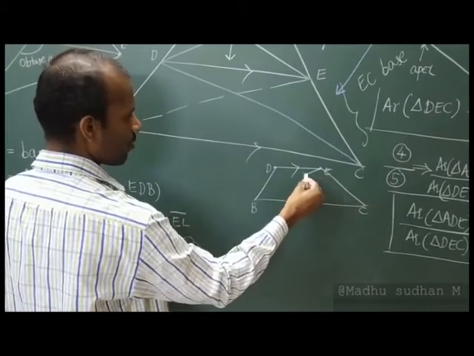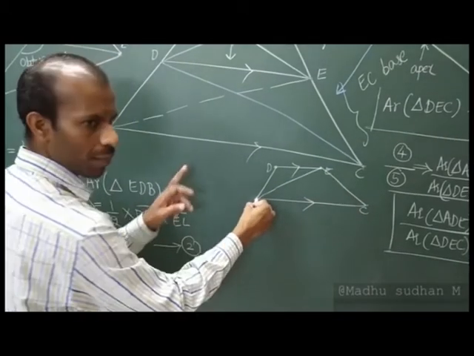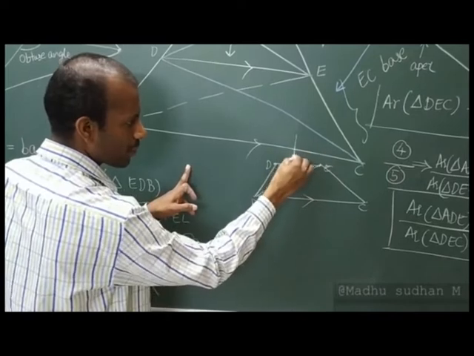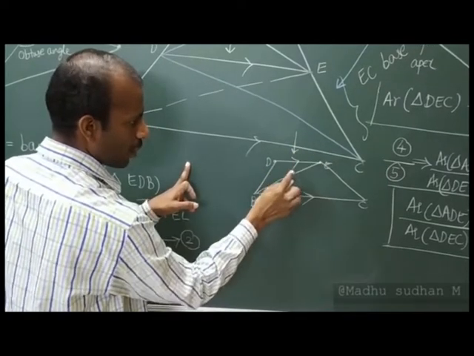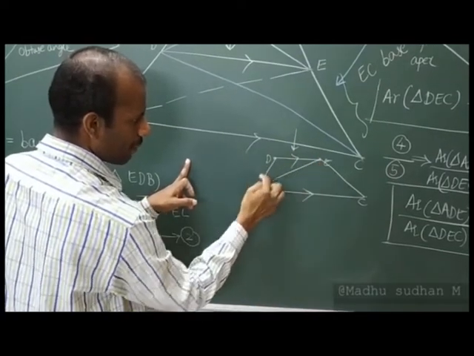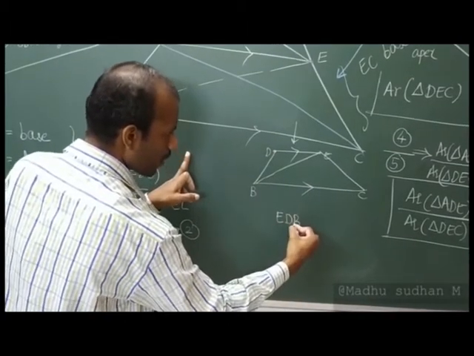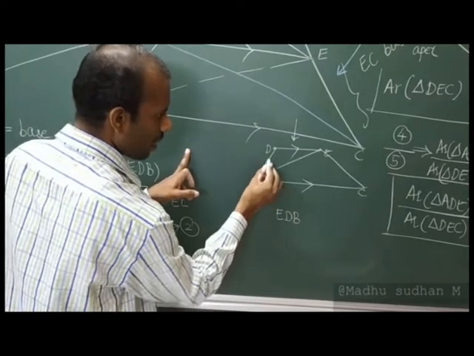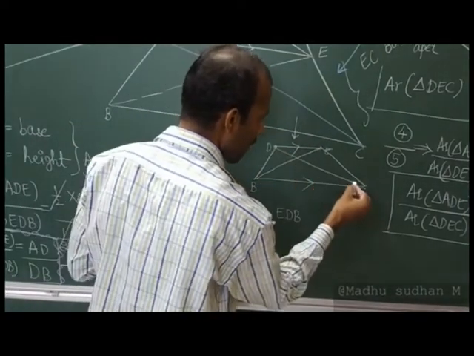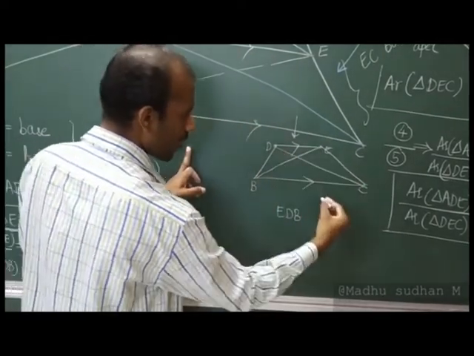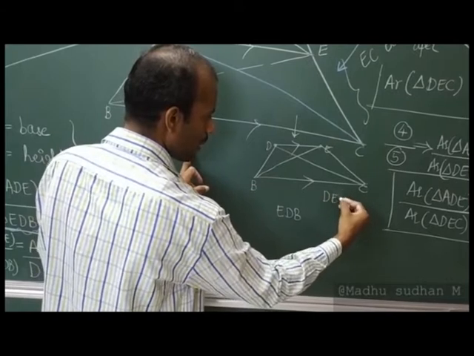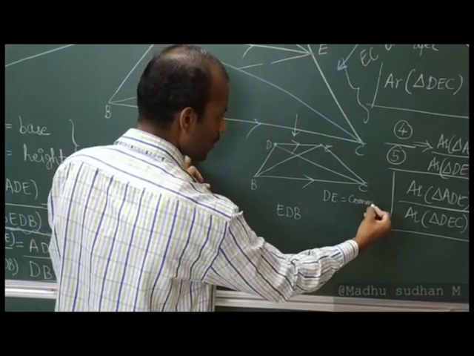And we have a construction here. E to B we have joined here. So please understand, if you are looking from this side, you have a triangle like EDB, right? Triangle EDB. If I join this, can you find DE as a common base? DE is the common base, right?